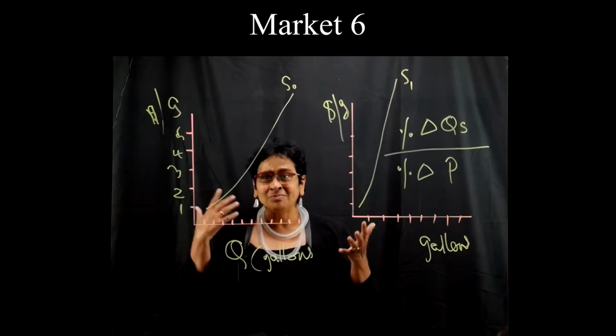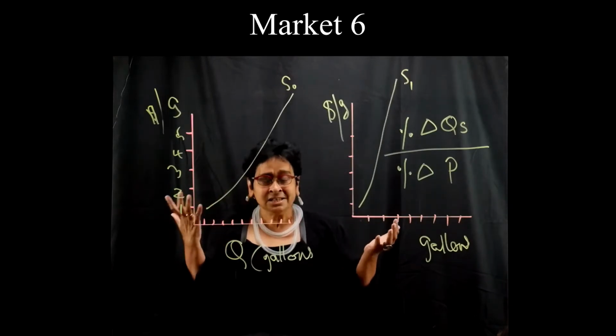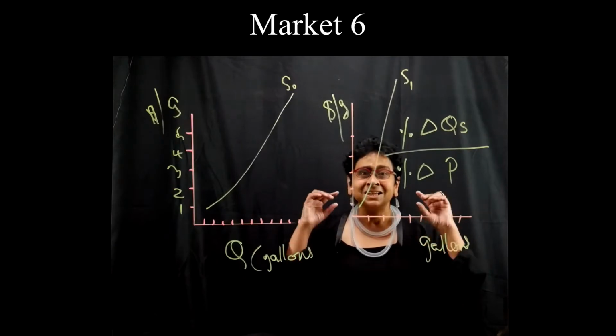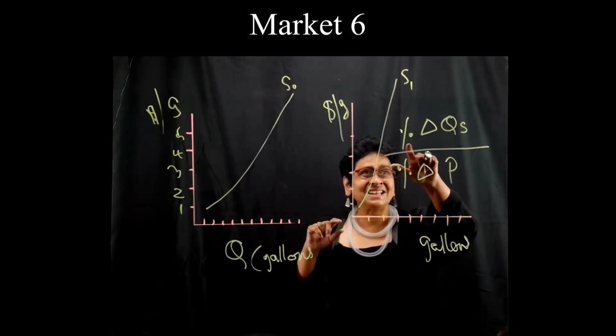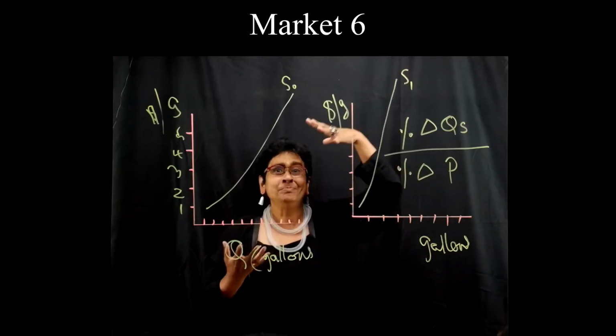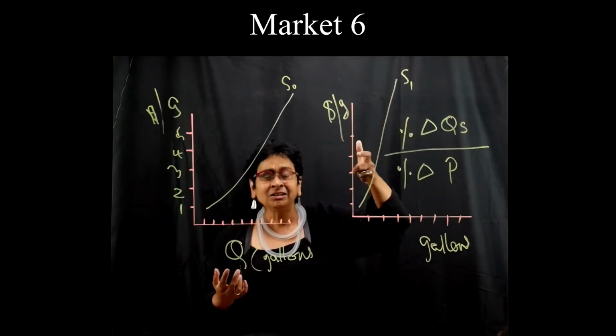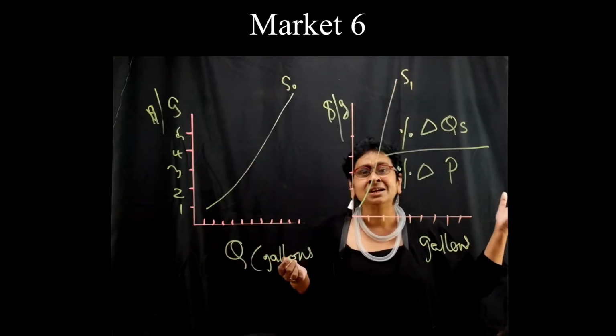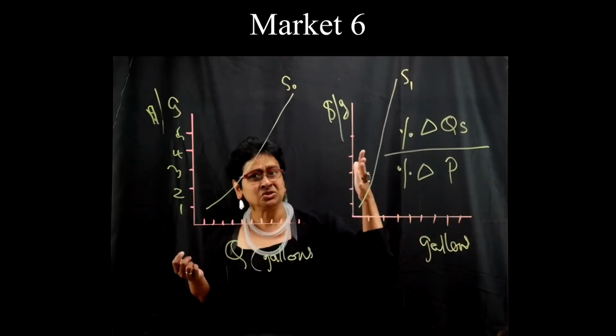But if something goes from $10 to $20, that's a doubling of price, right? And so what you want to think of is a percentage change. That gives you a sense of whether it is a big change. Because $10, if you're going from 1,000 to 1,010, is not a huge change. But $10, if you're going from 10 to 20, is huge.